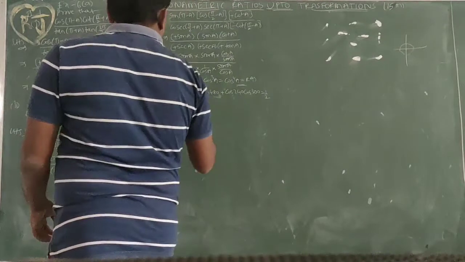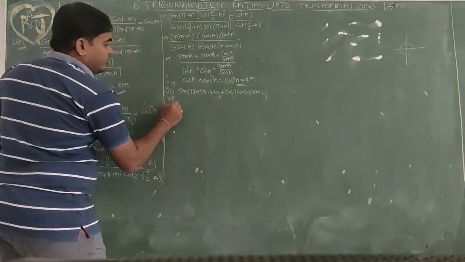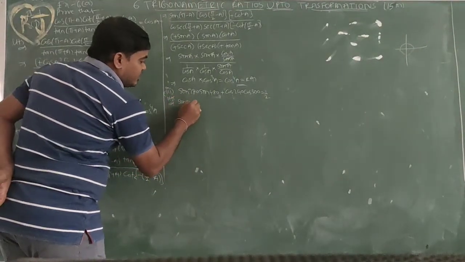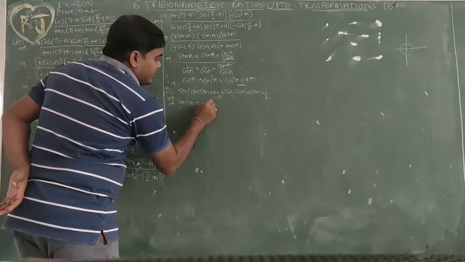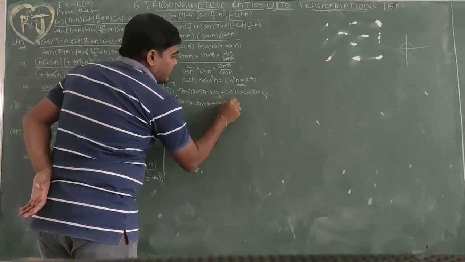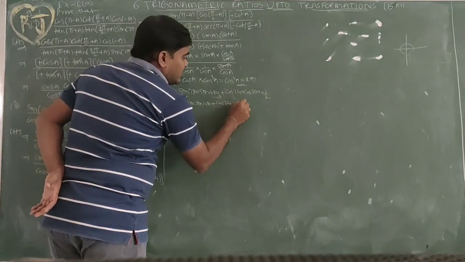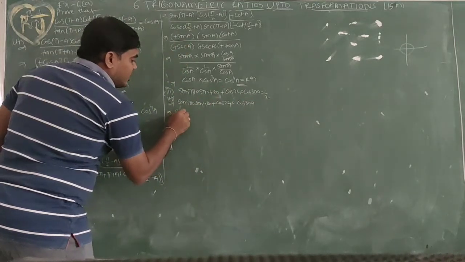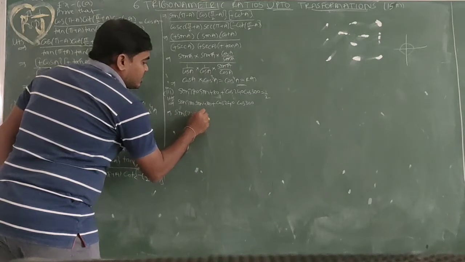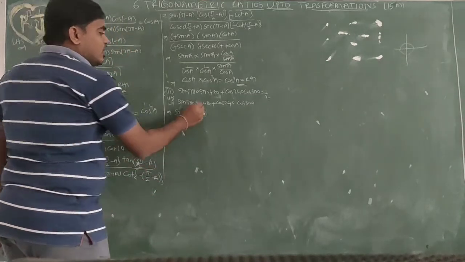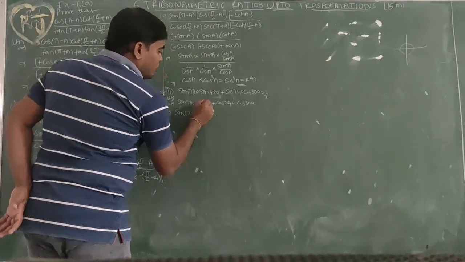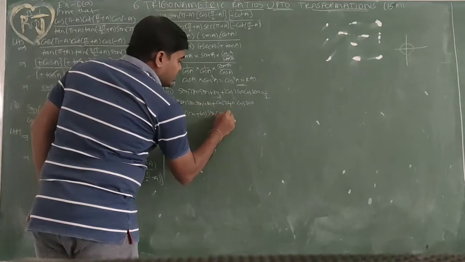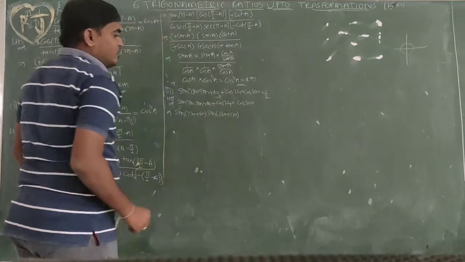So LHS: sin 780 sin 480 plus cos 240 cos 300. So sin 780 we will write as 720 plus 60, sin 480 we can write as 360 plus 120.